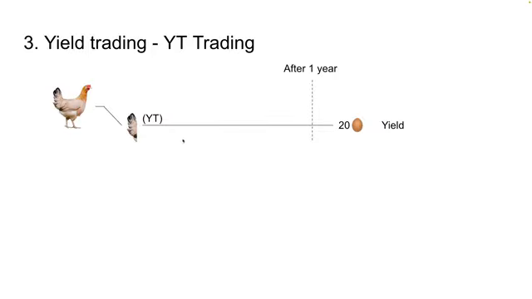So in this example, say, YT can always be bought and sold in Pendle. So imagine that you buy this chicken butt for 10x, and after 1 year, it produced 20x. That's basically 100% return, right, on your capital.